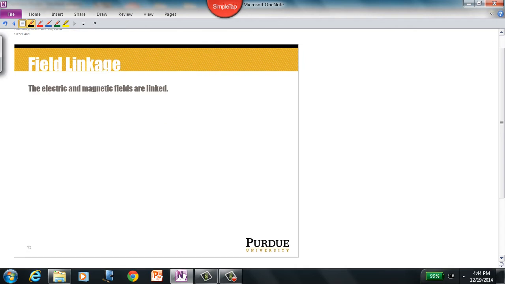So intrinsically, the electric field and the magnetic field are linked, and this is described by Maxwell's equations. But to prove it to you, what I want to do is end today's lecture with a simple thought experiment. Let's consider a beam of charged particles that are moving at a constant velocity.